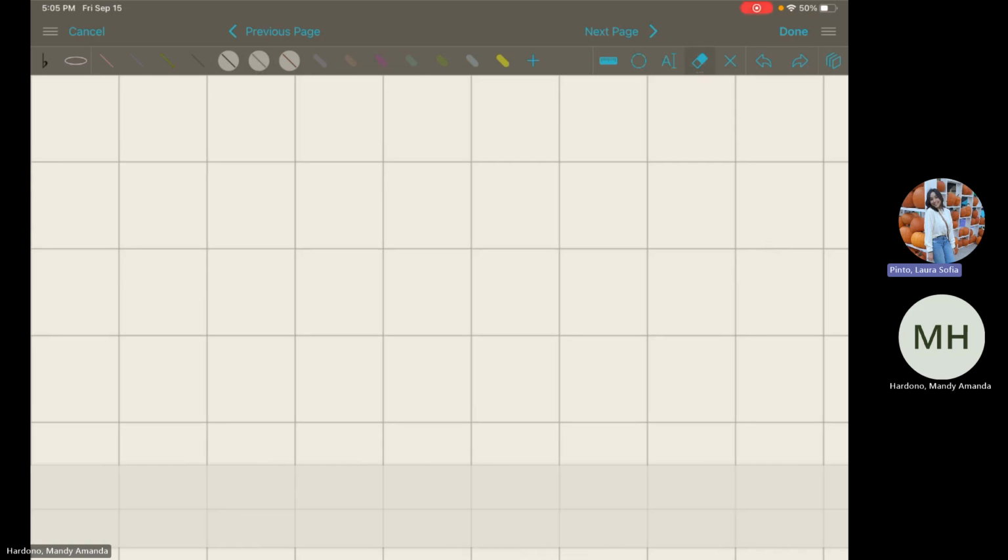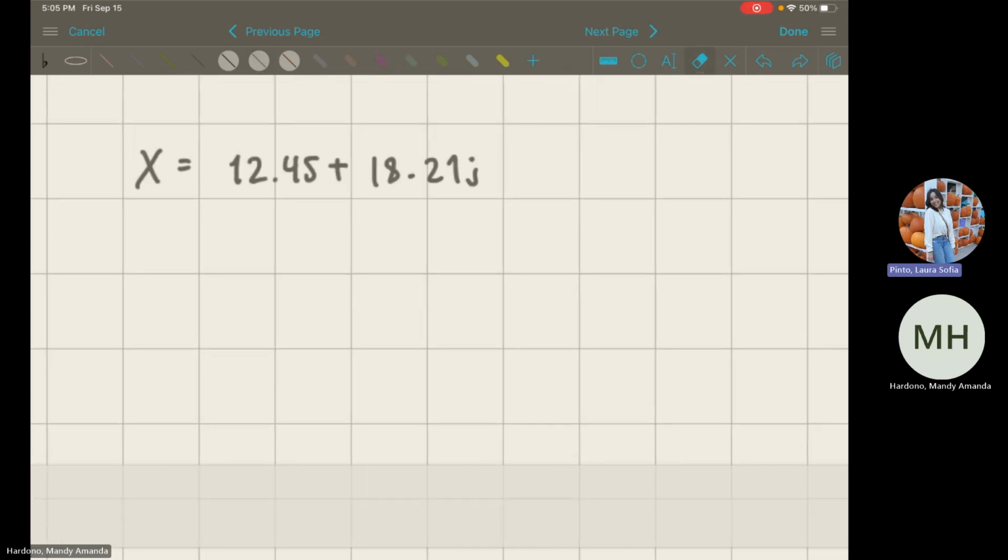So let's say we have X equal to 12.25 plus 18.21j. Then we have Y equal to 8 minus j.